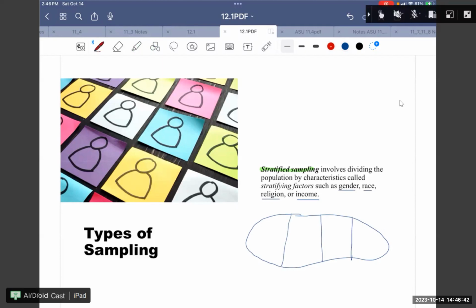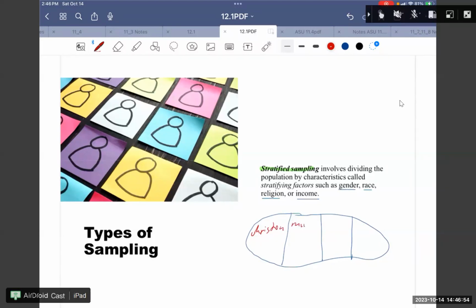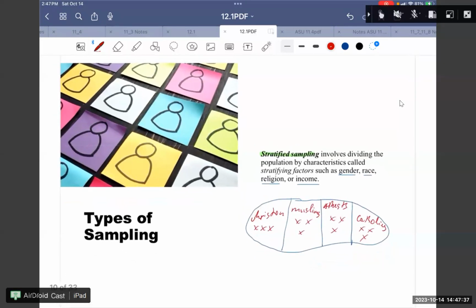For example, Christian, Muslim, Catholic, or numbers for income.